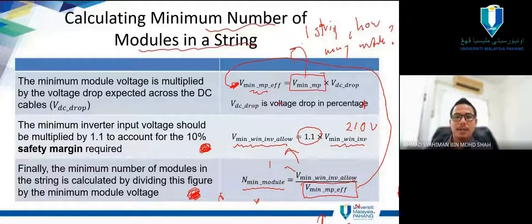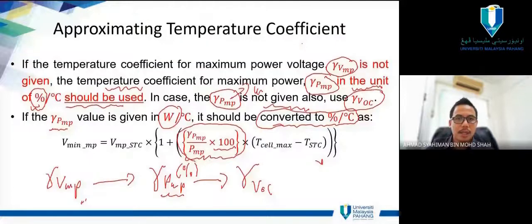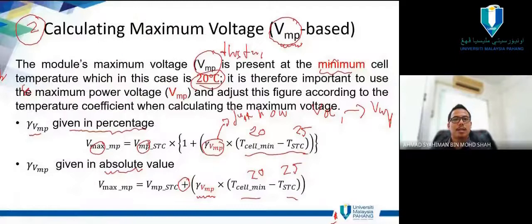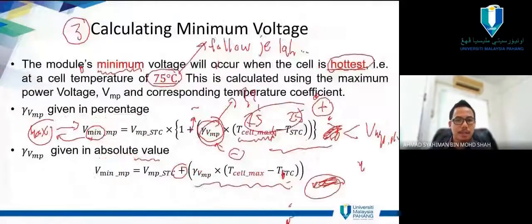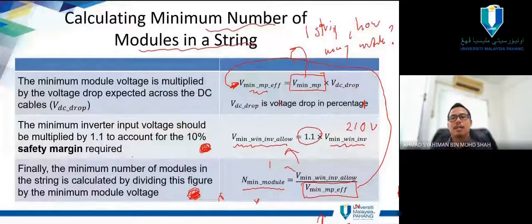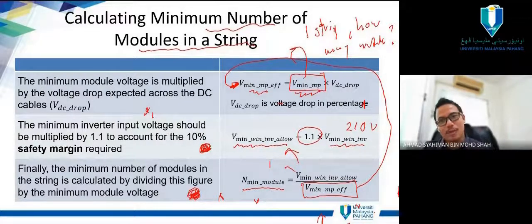Datang daripada the previous calculation. Datang ni daripada yang tadi lah, yang kita kira tadi tu. Sebab tu kita separate dulu, kita kira yang modul dulu.